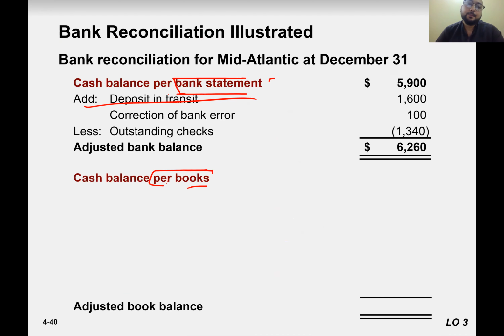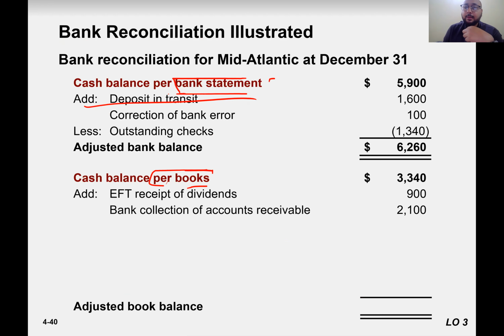Okay. Now, what is missing on our books? Charges, human error, electronic funds receipts, and payments, right? So the book balance is 3,340. Electronic fund transfer as receipt 900, receivables 2,130, revenue they received.